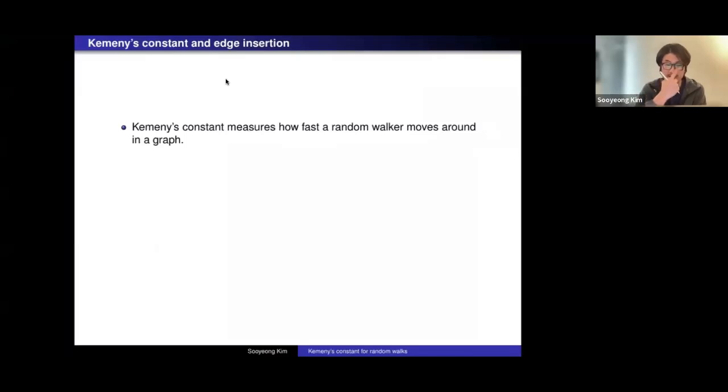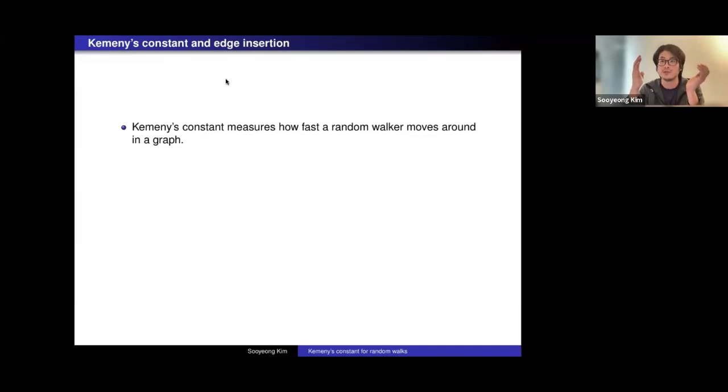Okay, let me briefly tell you about the results about this. What we have seen is sort of a macro viewpoint, considering asymptotic behavior and thinking about the order. Instead of that, we can think about what if we add an edge into a graph, and how does Kemeny's constant behave?